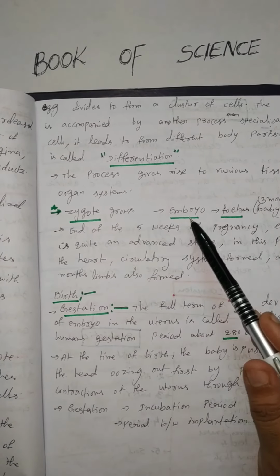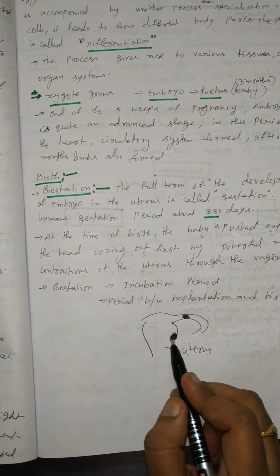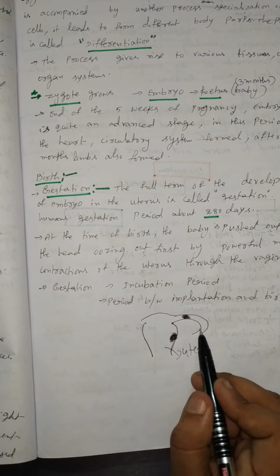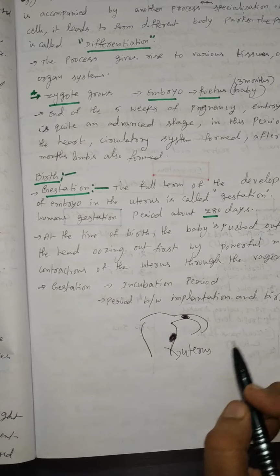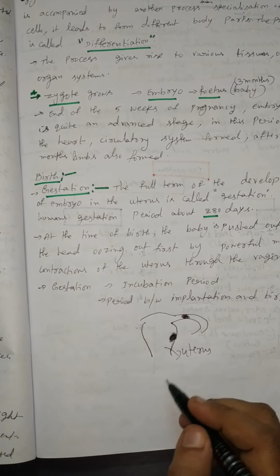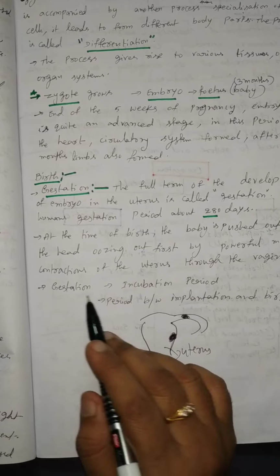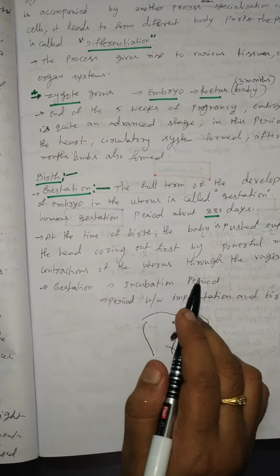This is the uterus wall. The zygote is implanted. So this is implantation. After the implantation, before the birth, that means the period between the implantation and the birth, is called the gestation period.